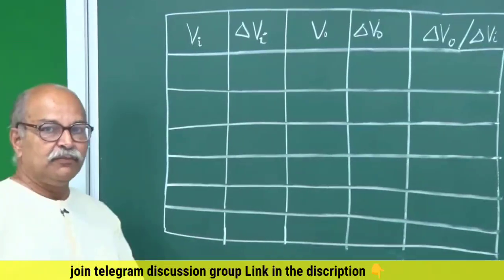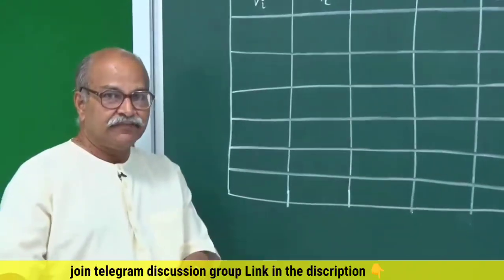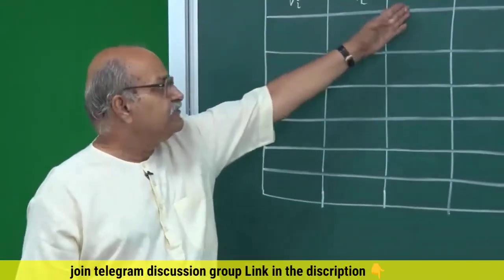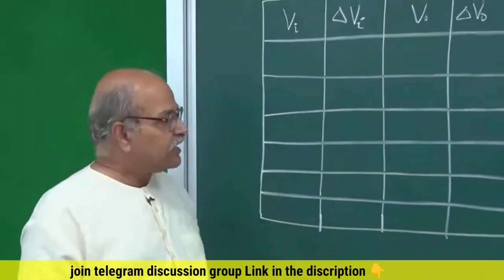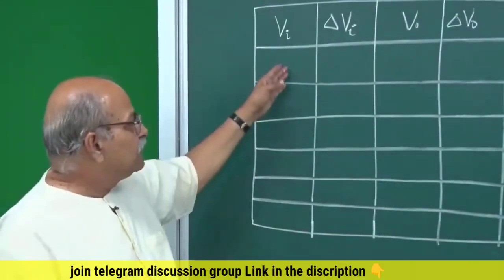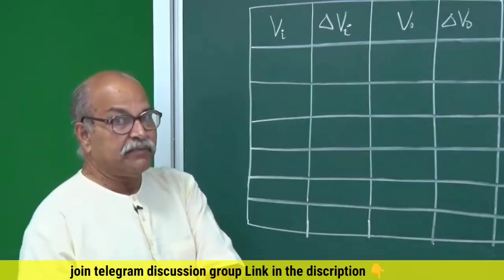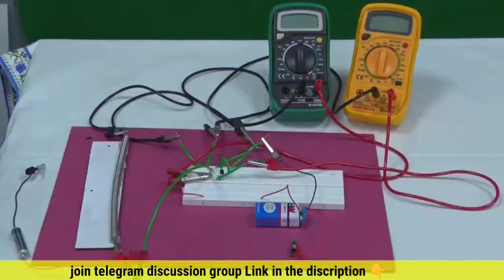Okay. I will be doing the experiment, and on the two multimeters you will have Vi and Vo, and I will ask Mr. Ranjit to fill this table as I call the numbers from the experimental table. You have the same circuit which we used in the previous lecture. Here is the transistor, and the collector, base, emitter, everything is the same.